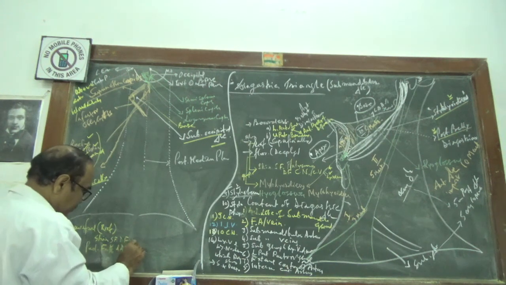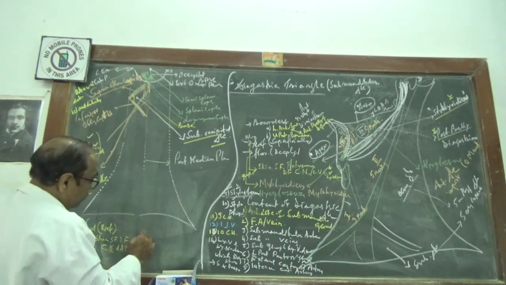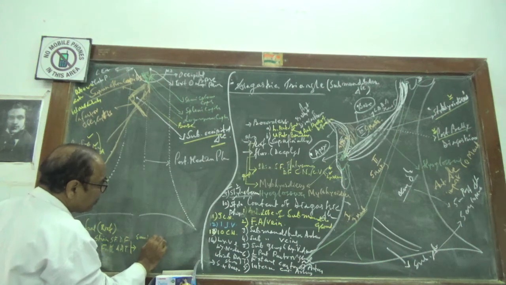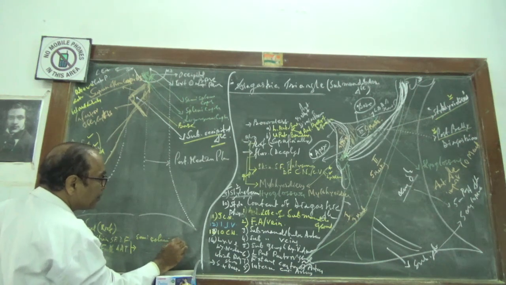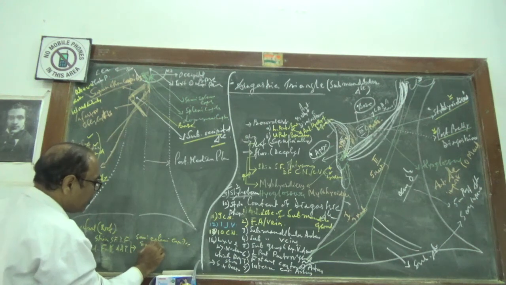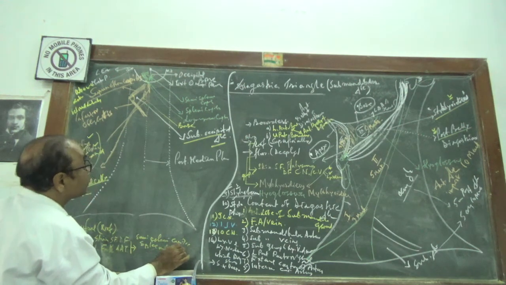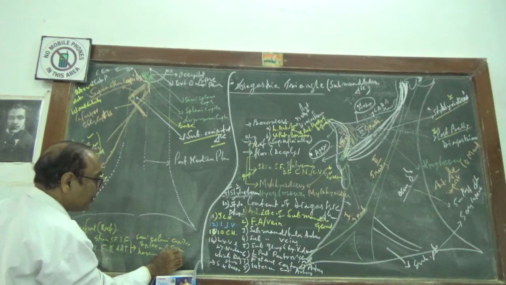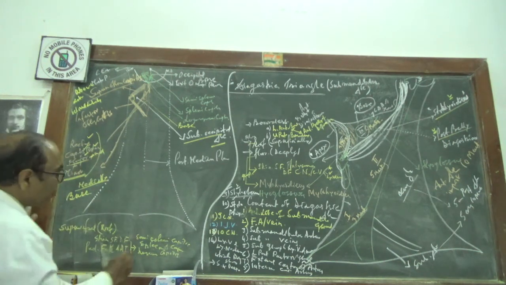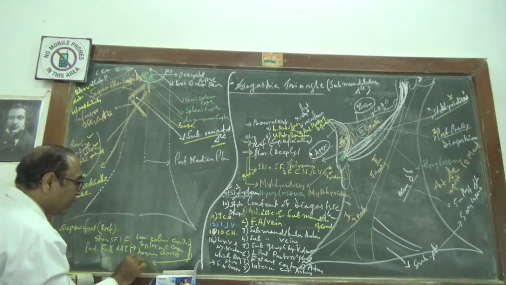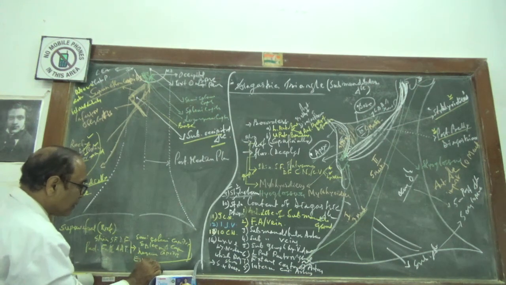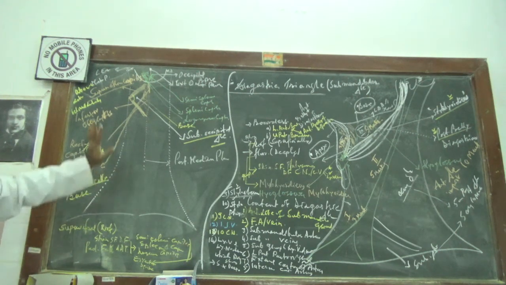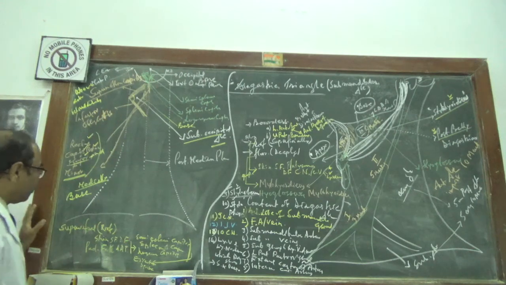Apart from that, the muscles, shown here in green: semispinalis capitis, splenius capitis, and longissimus capitis. These are all part of the erector spinae. This will be the roof.